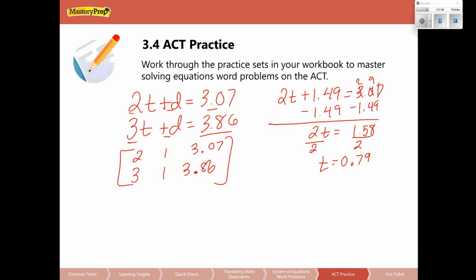And that's kind of okay, big deal. But I just picked one of the numbers and plugged it in and found t for this here, yes? If these equations are going to work out, the value of tacos, or the value of t, should be the same for both equations, yes? That means if 1.49 was the correct answer, I can type it into both equations. 3t plus 1.49 equals 3.86.